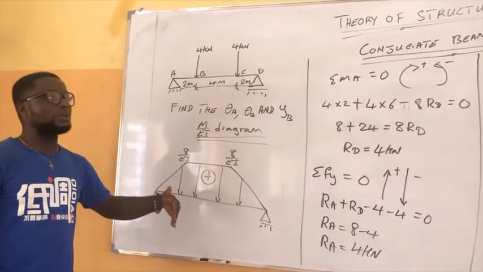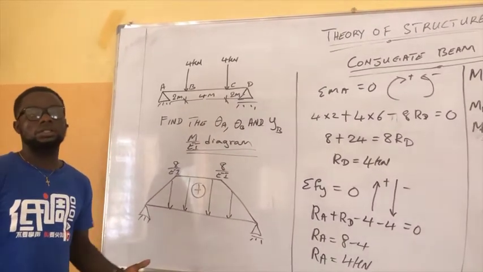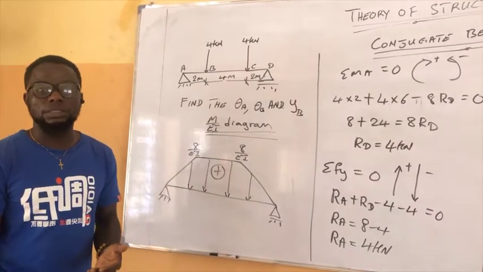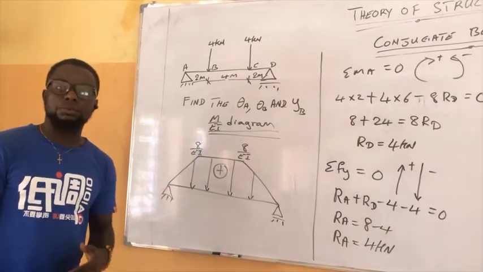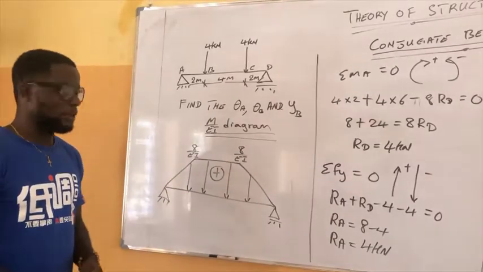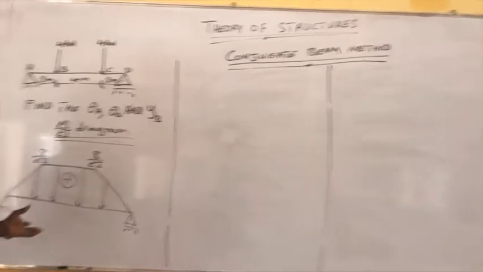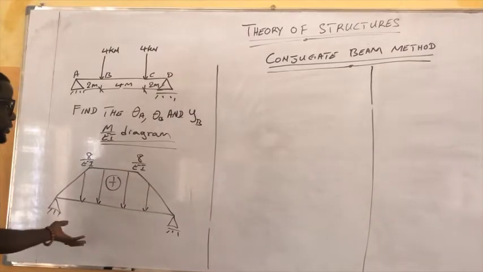From there, we calculate the shear force and moment at the points where we are required to calculate the rotation and deflection. The same way we calculated the support reactions at the beginning, we calculate the reactions here also.